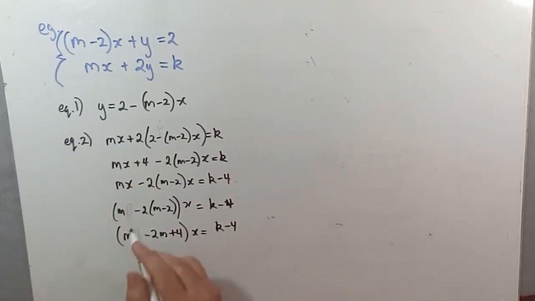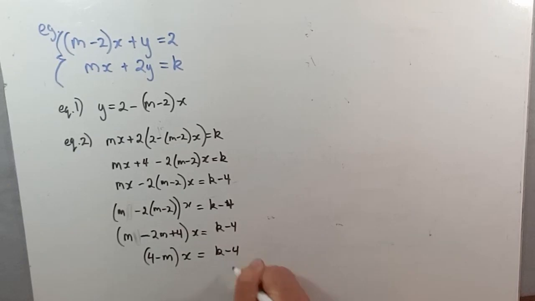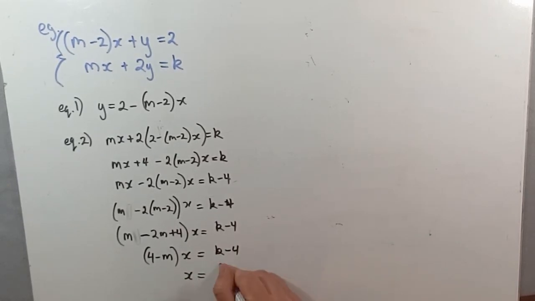Get rid of that. That's better. That's why you show all your steps and go back and fix them. So what have I got? I've got minus m plus 4, so I've got 4 minus m, x equals k minus 4. So therefore, x is equal to k minus 4 over 4 minus m.